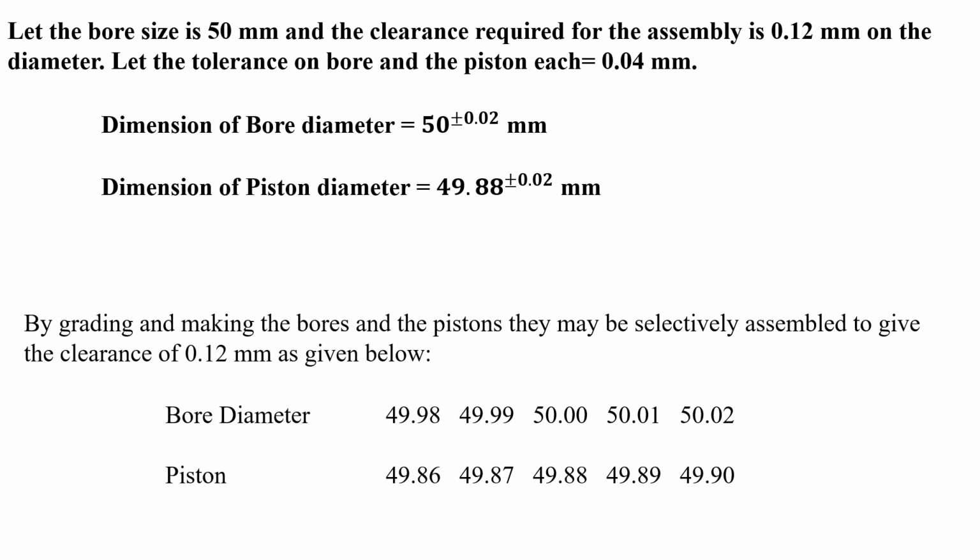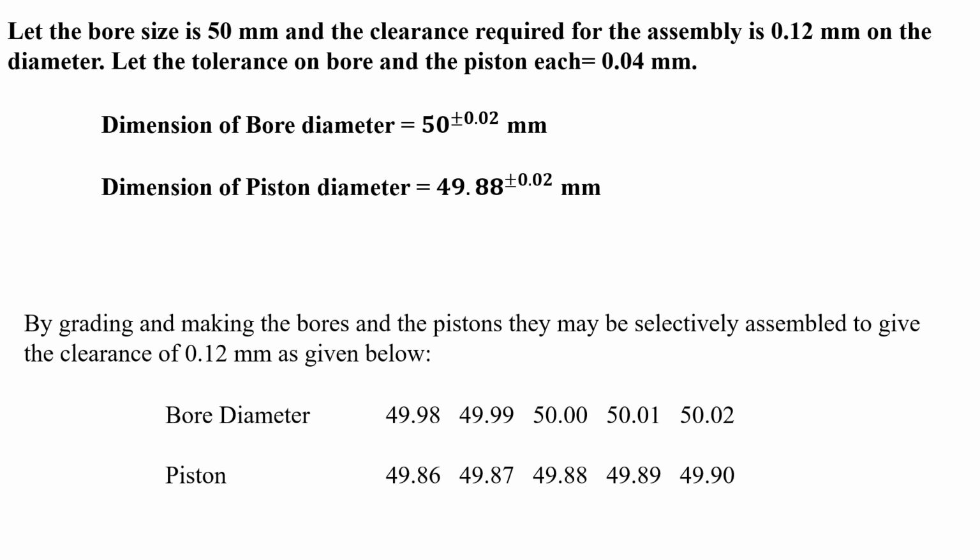The bore diameter is 50 plus 0.02, 50 minus 0.02 mm, and the piston diameter is 49.88 plus 0.02 and 49.88 minus 0.02 mm. First we have to manufacture the bore and piston to the given sizes, then based on their dimensions, make the groups.